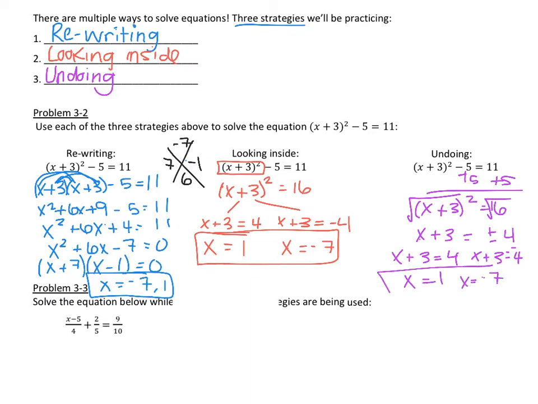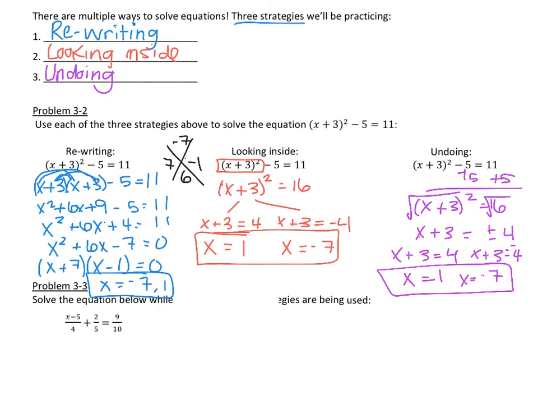Again, same answers, not a surprise, but a little bit of a different approach with the undoing, and that's probably the more traditional way of solving. Looking inside is definitely one of the less traditional, but equally as valid. And then rewriting, again, something you've seen a lot of. It takes a little more steps in this example, but let's continue forward here.